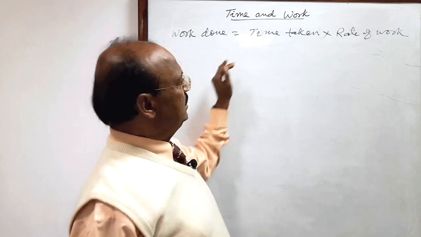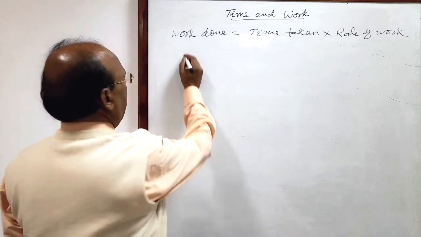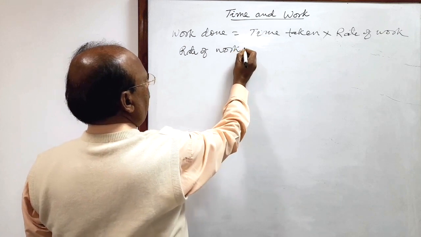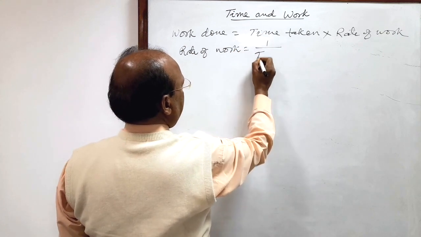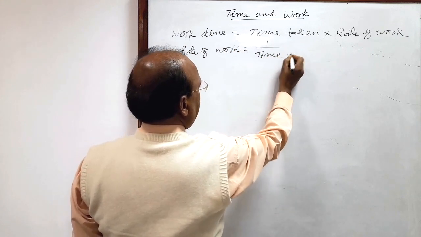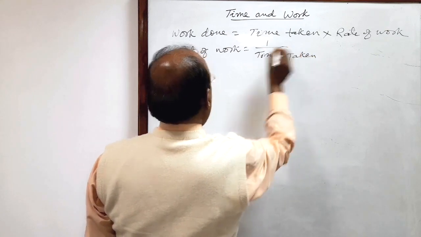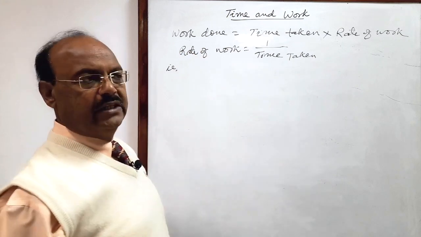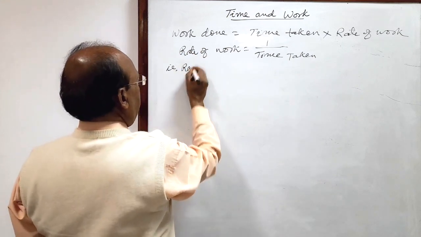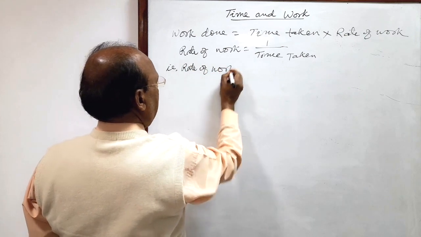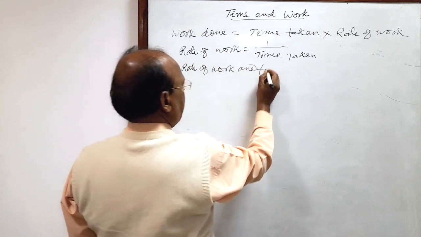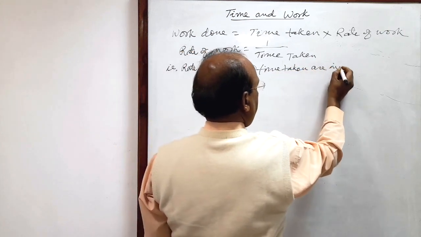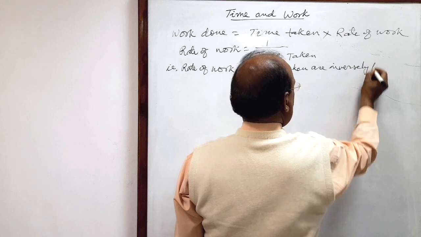On the basis of this formula, we can also write rate of work is equal to 1 by time taken. Here, rate of work and time taken are inversely proportional.